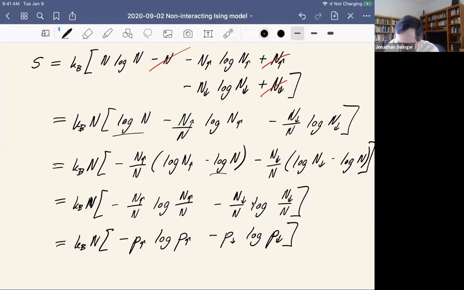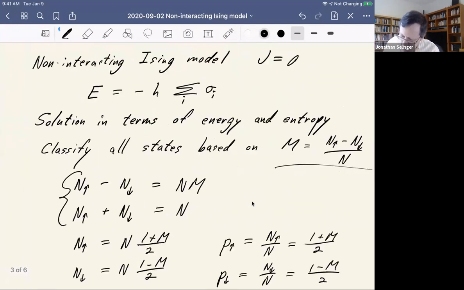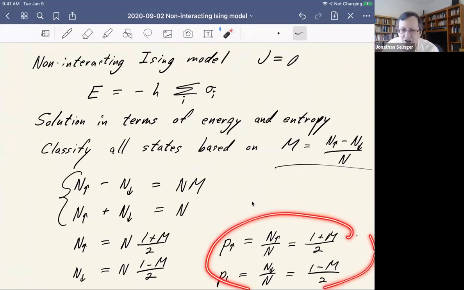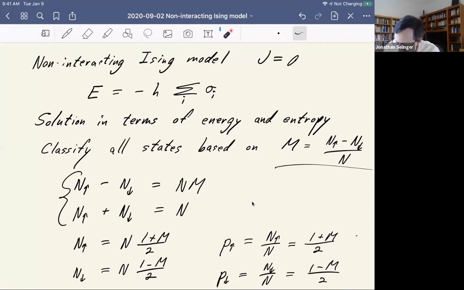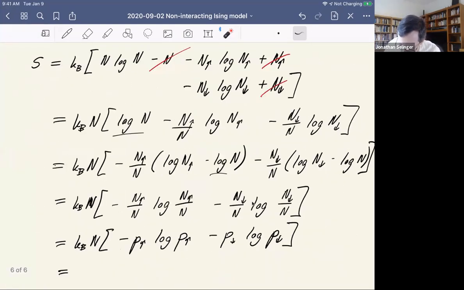Or, remembering that we derived something for those probabilities over here, if I want to take those expressions and put them into my entropy equation, yikes, back to the pen.